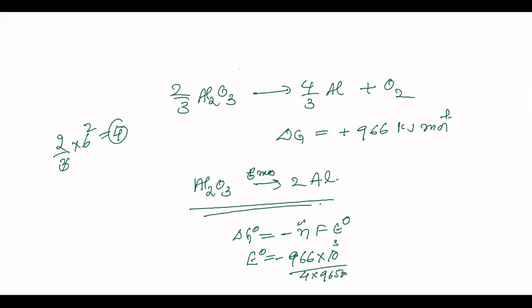Okay. So in this case, if you take numerical value only, you will get, because you are getting it in negative, isn't it? They should have given delta G as negative. Otherwise, it will not be feasible, right? Okay, anyway, let's find out the numerical value.